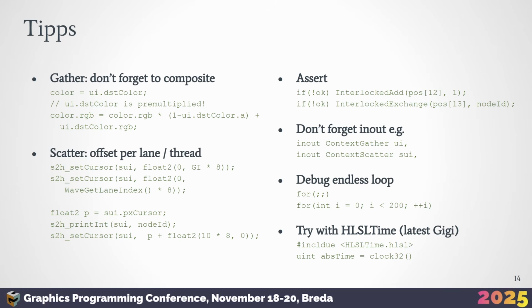One little tip is, if you want to implement something like an assert, which in C++ I like to do a lot, you can do that in the shader. It's more a trick that you can do anyway, independent of shader to human, but I find it handy. You use an interlocked operation, so an atomic operation, and you just accumulate how often you're going into this code path. Then if you print it out with shader to human later, you see how many times this interlock has been called.